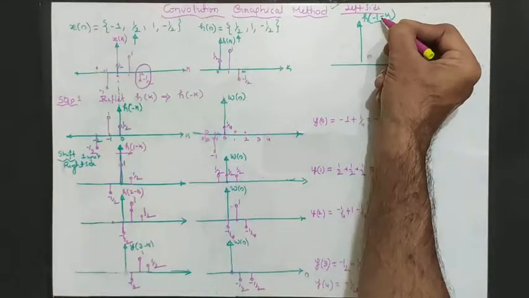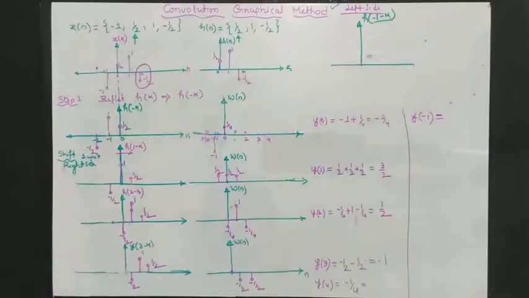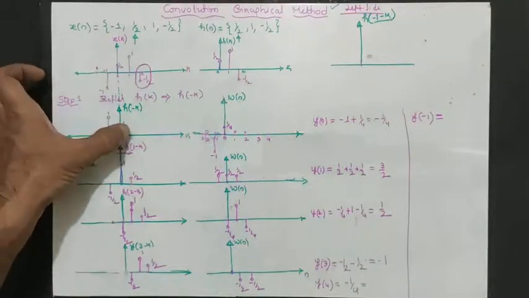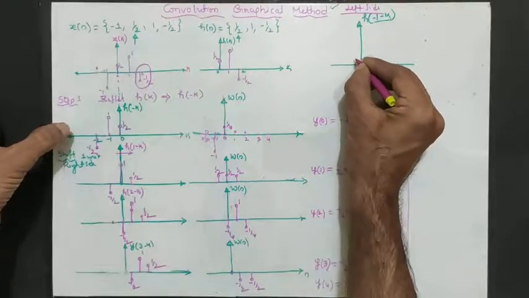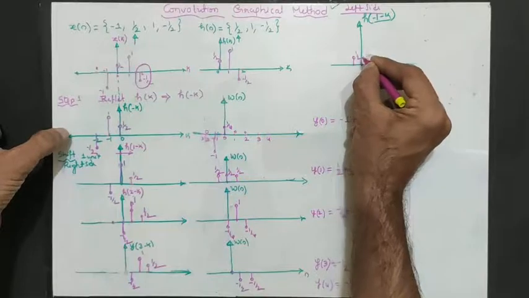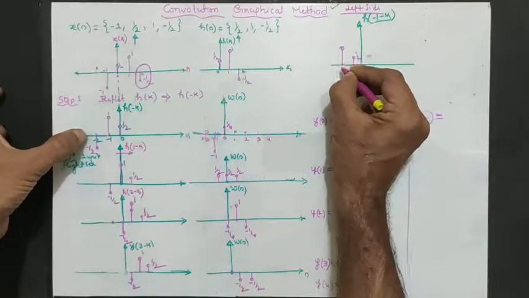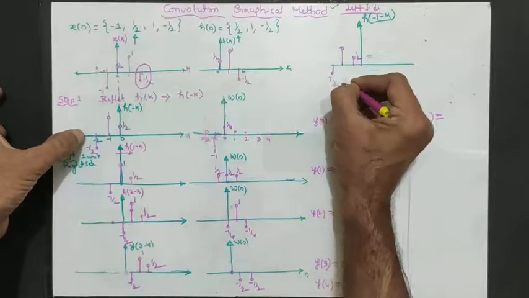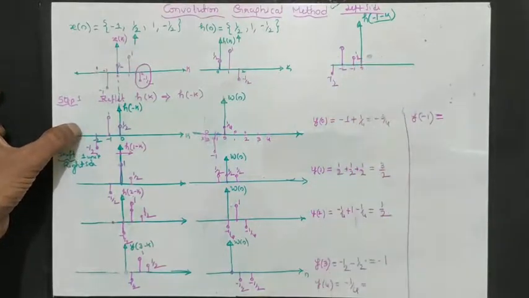When I do minus 1 minus k, I will be just taking h of minus k and shifting it to the left side. When I shift it to the left side, half comes here, then 1 goes to the next, and minus half. This is 0, minus 1, minus 2.